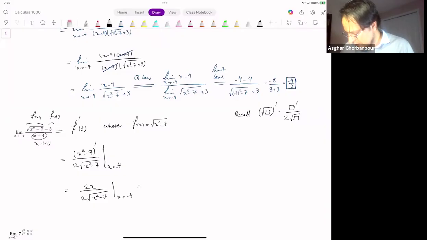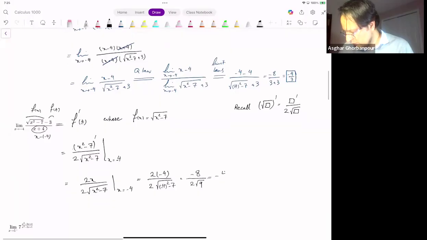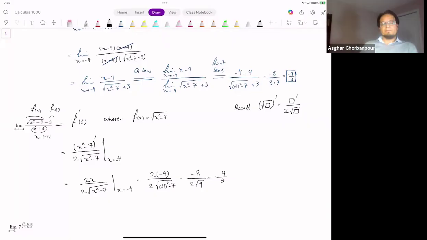That is 2 times negative 4, divided by 2 times root of negative 4 squared minus 7, which is minus 8 over 2 times root 9, and that is negative 4 over 3. That is method two.